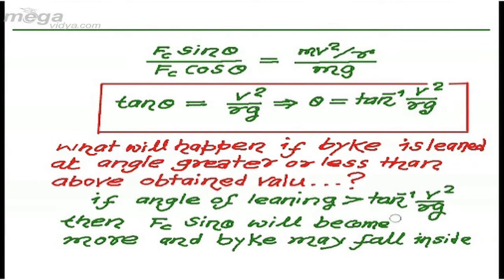If the angle of leaning is greater than tan inverse v square by rg, then Fc sin theta, which is the component of net contact force towards the center of the circular path or center of curvature for the road, as Fc sin theta is more than the desired value, the bike will fall inside the curvature.